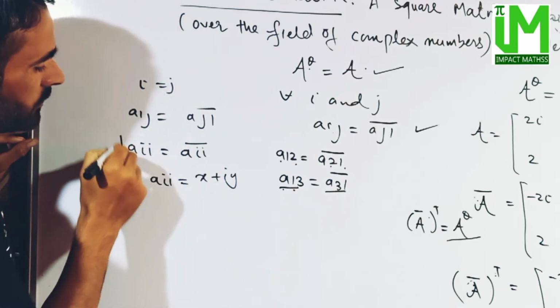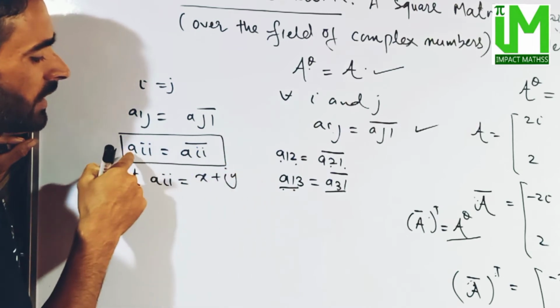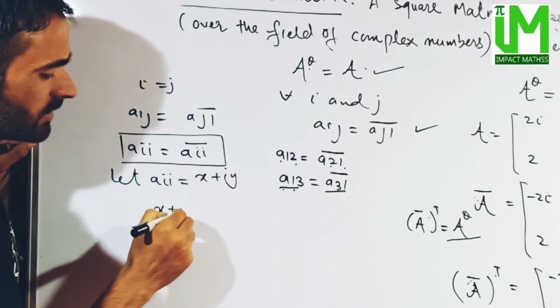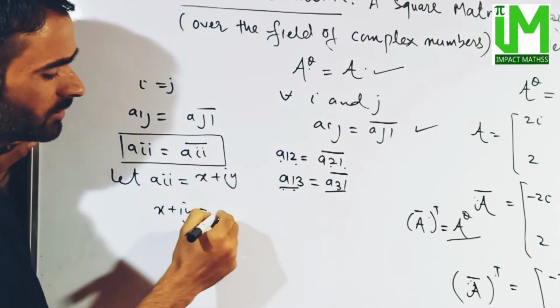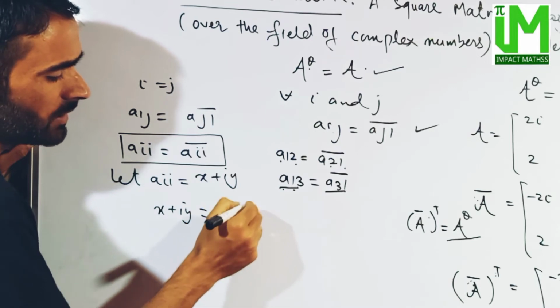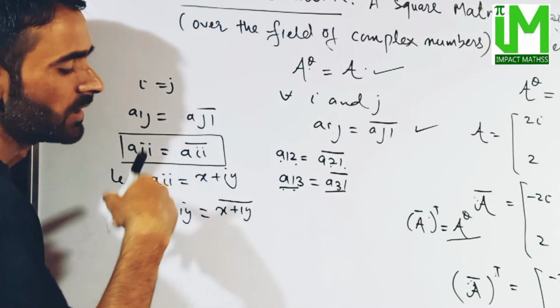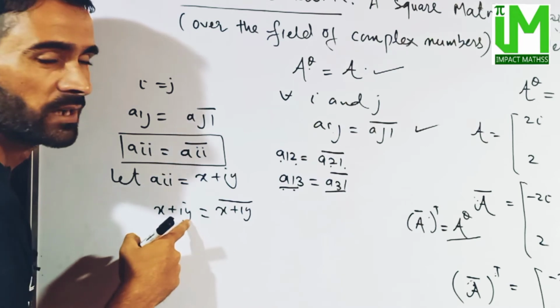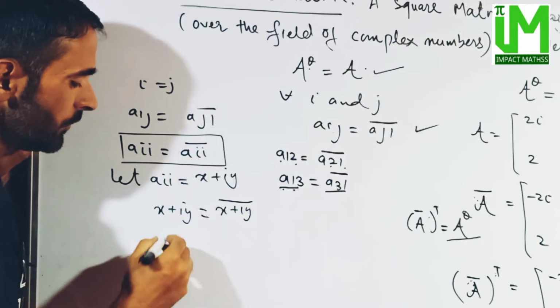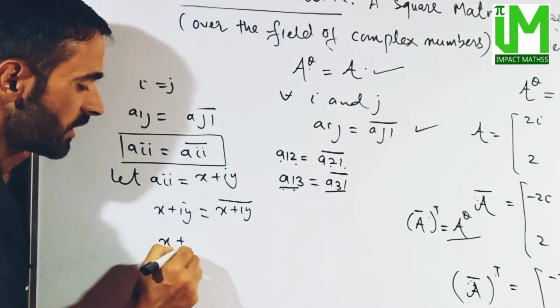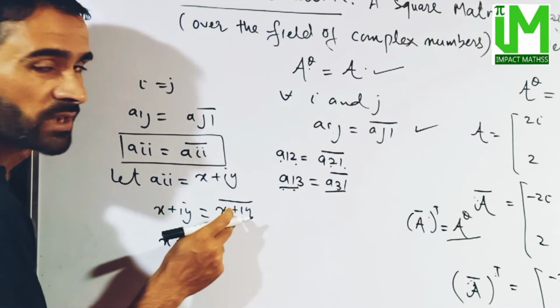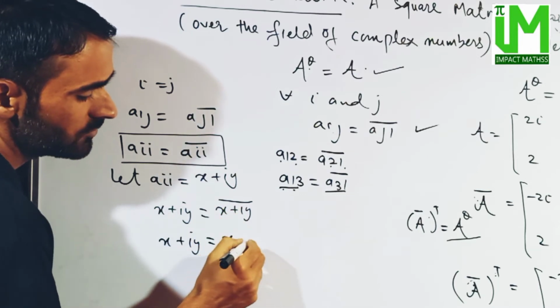In that case, by means of this equation we have x plus iota y होगा किसके बराबर, x plus iota y के bar के बराबर. So x plus iota y is equal to its conjugate, which will be x minus iota y.